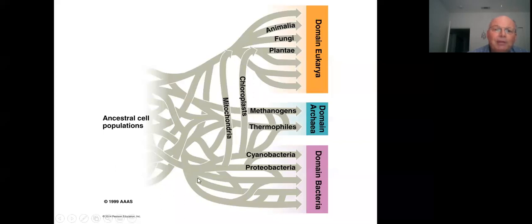Lots of swapping of genetic material backwards and forwards that would eventually settle out as the three domains as we recognize them today. And that's what leads to the difficulty in trying to establish what the common ancestry of all life actually is. It still remains an unanswered question, and I suspect will always remain an unanswered question.